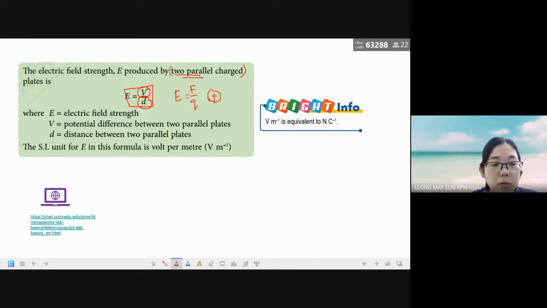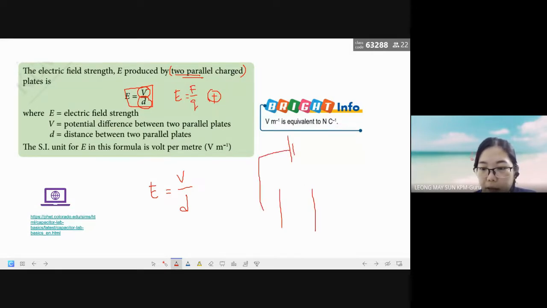So here, where is my simulation again? How do we manipulate this particular formula? Electric field strength is the potential difference over the distance between the two plates. Normally, when we have a power supply connected to a charged plate like this, this is positive.